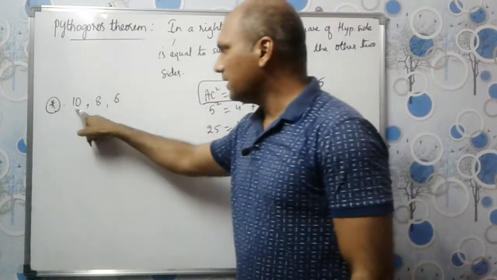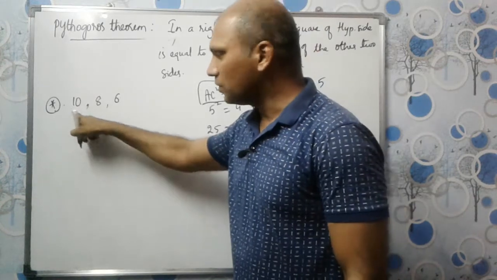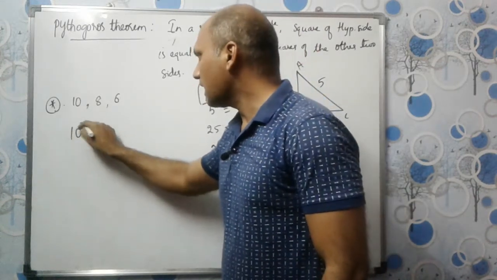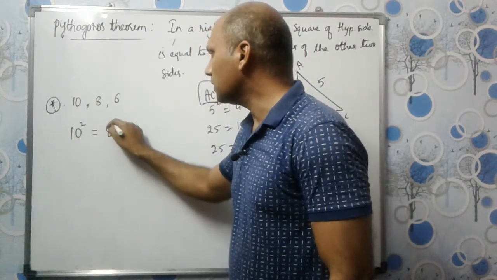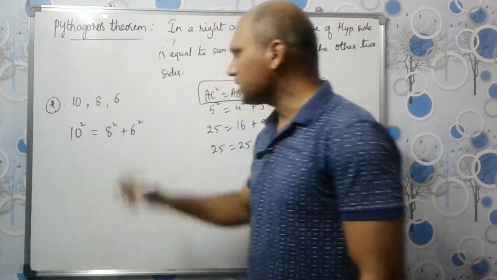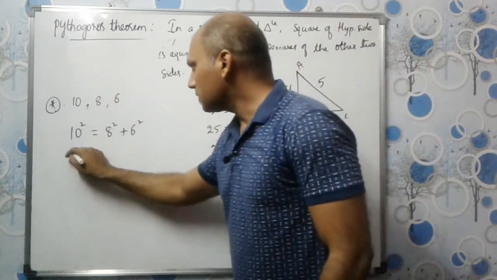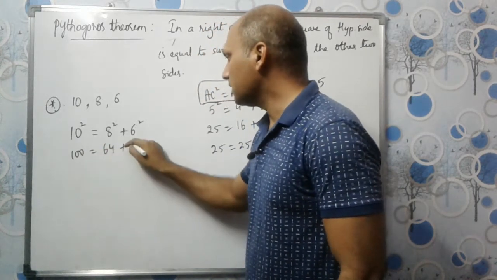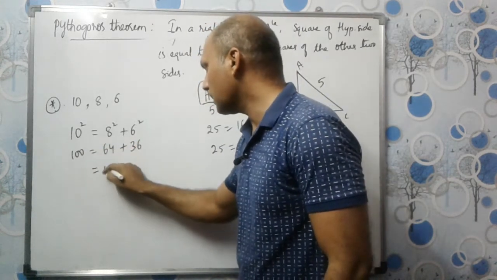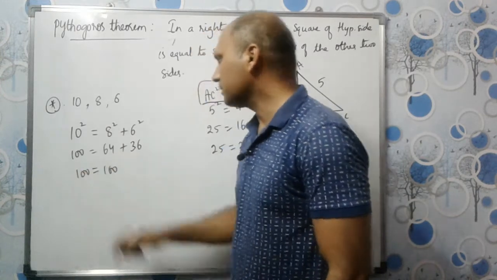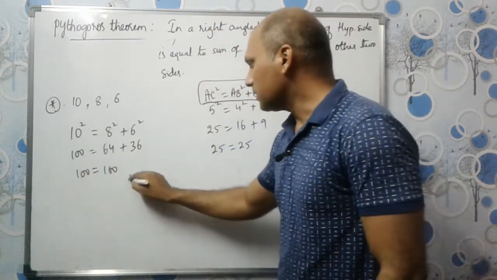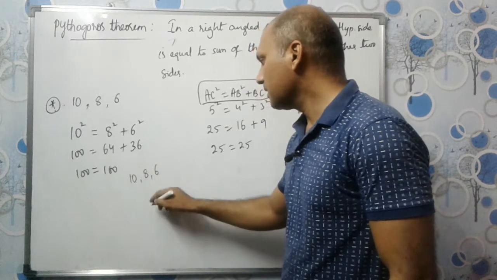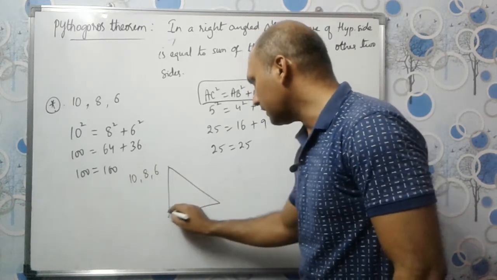Okay, longest side is 10, so this should be hypotenuse. So this hypotenuse square should be equal to 6 square plus 8 square. So this is 100, 8 square is 64, 6 square is 36, so 100 is equal to 100. Yes, so this 10, 8, 6 will form a right angle triangle.